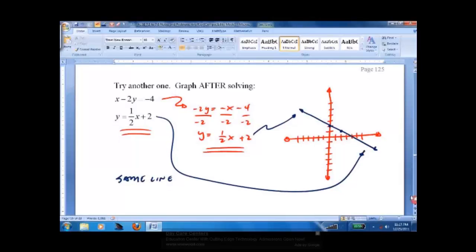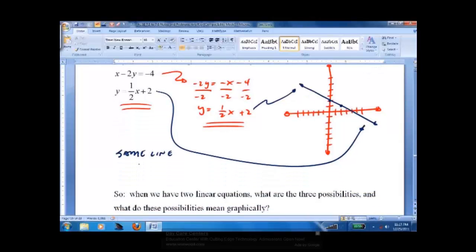Now, if we were to solve these, we get y equals 1 half x plus 2, and then the other equation was y equals 1 half x plus 2.